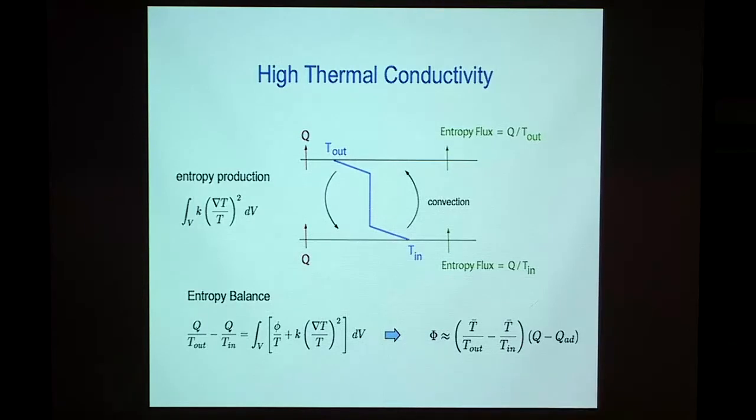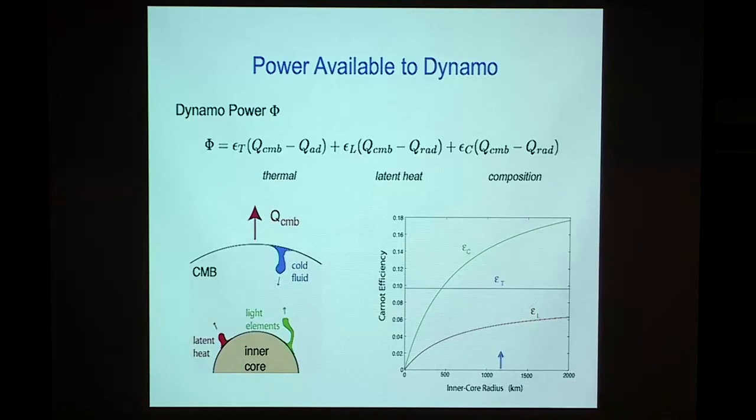Okay. So we can generalize ideas to include things like inner core growth, chemical buoyancy, latent heat, all that kind of stuff, and you get an expression that looks like this. I've got a bunch of different Carnot factors for thermal convection, for the latent heat release, for the composition. This depends, again, on the CMB value minus what you can conduct toward the boundary.